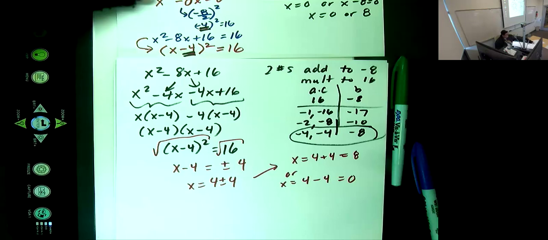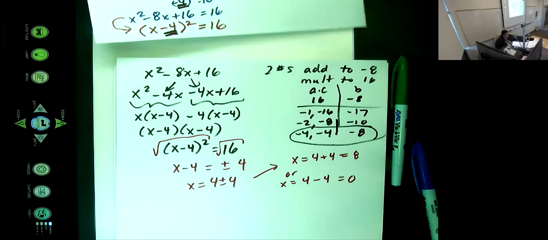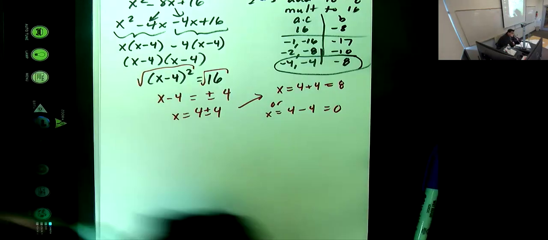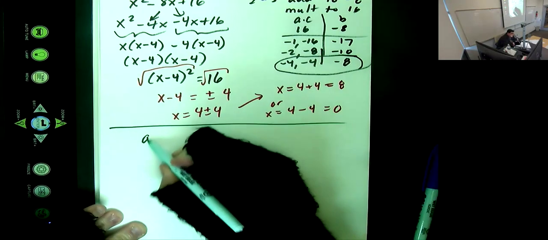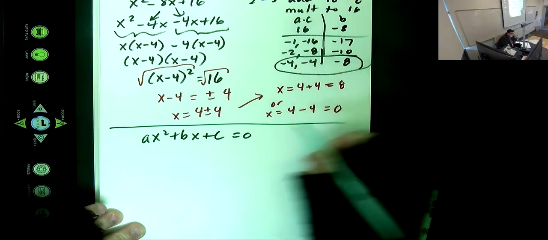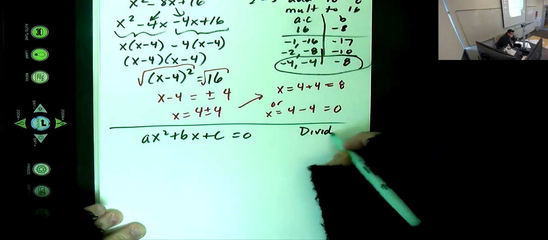Well, this is when there's nothing being added to it. But the general rule is, if we have ax squared plus bx plus c, divide by a first.